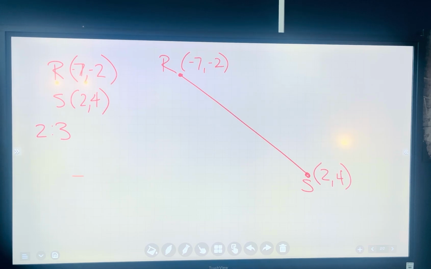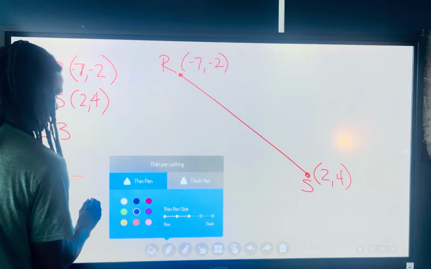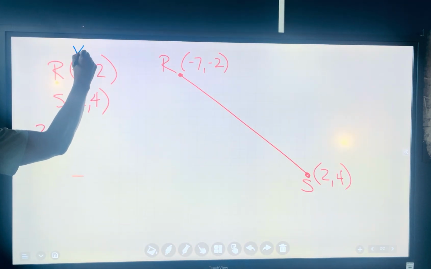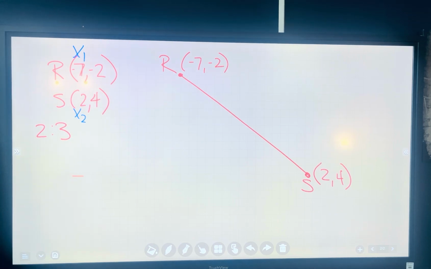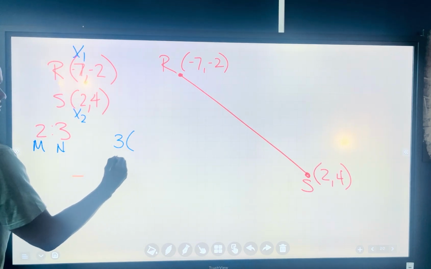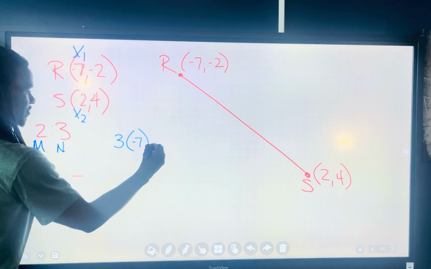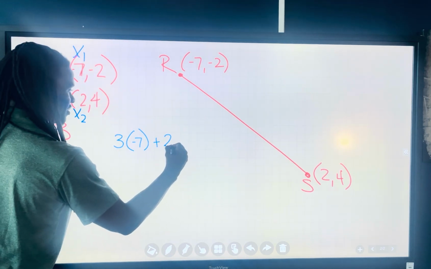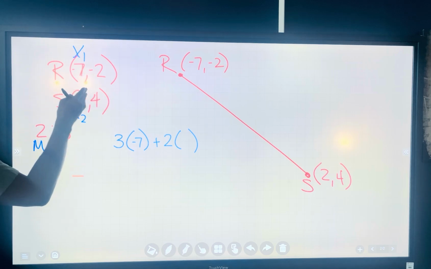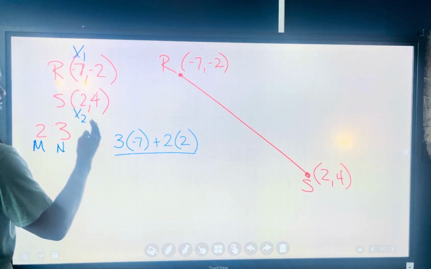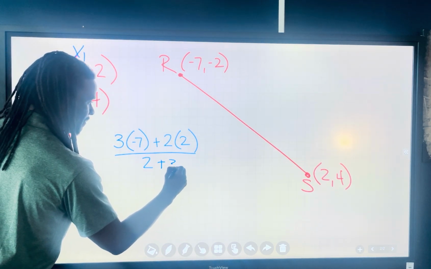So going kind of fast, you can replay it. I'm going to highlight the X values in blue, and then I'll do the Y values in a different color, purple. We know that this is M, this is N. Setting up this equation, if you have your X and Y coordinates, you should have 3 times X1, which is -7, plus M, which is 2, times X2, in this case 2, over 2 plus 3.